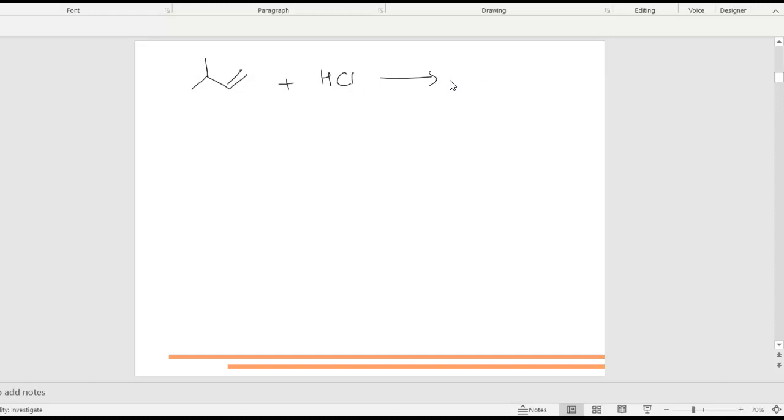What will be the product? Actually here we will get two products. One where the Cl has been attached here, that's the expected. But then we also get another one where the Cl is attached here. So this will be my major product, and this will be my minor product. Let's look at the mechanism to understand the reason for the formation of these two kinds of products. First we have the formation of the carbocation.